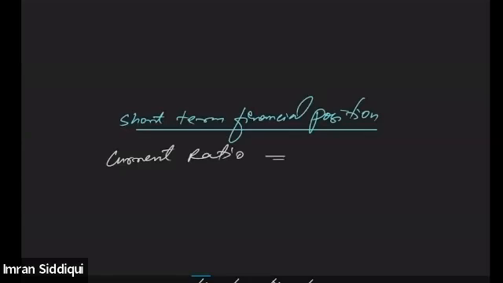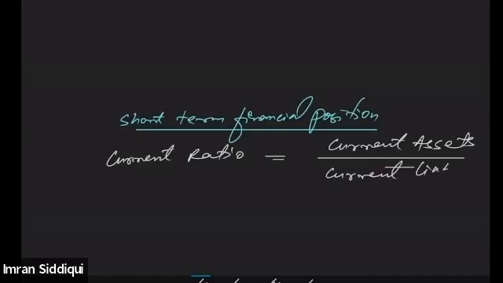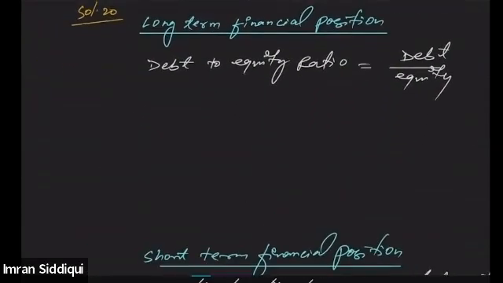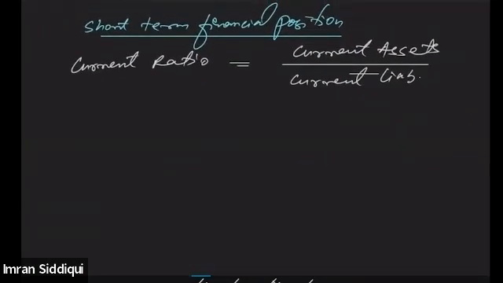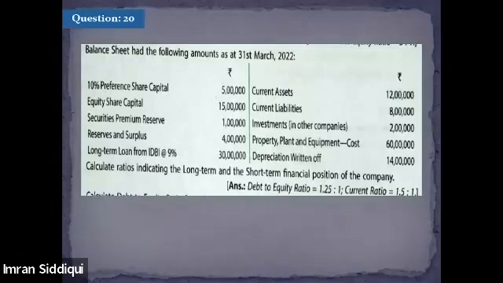And current ratio is equal to current assets divided by current liabilities. Understood? Let's first start with the current ratio. I guess the current ratio is easier to find. Let's first find out the value of the current asset.